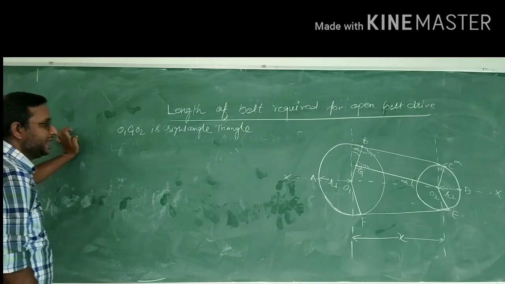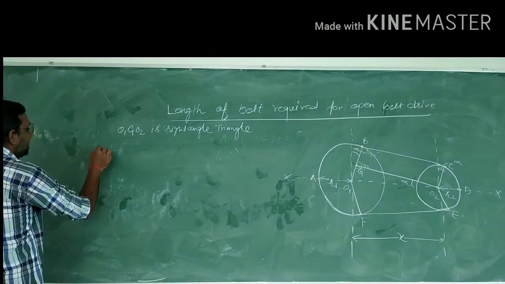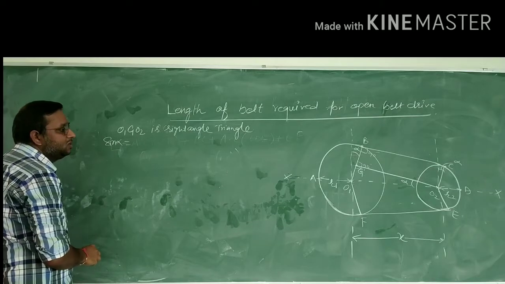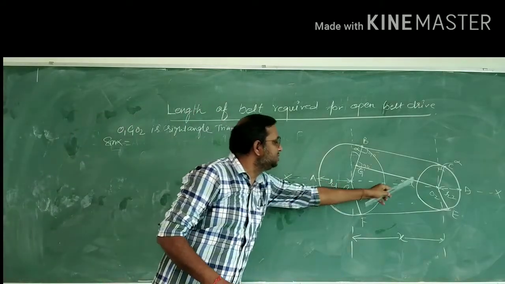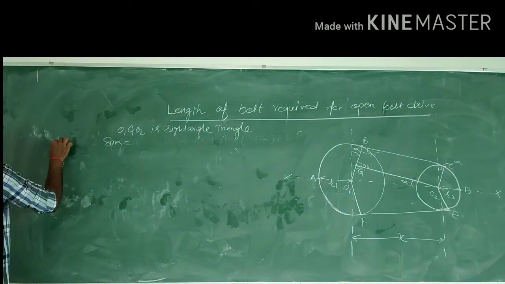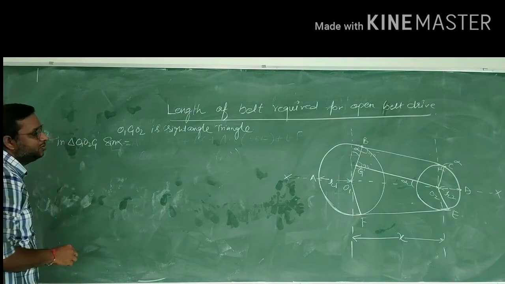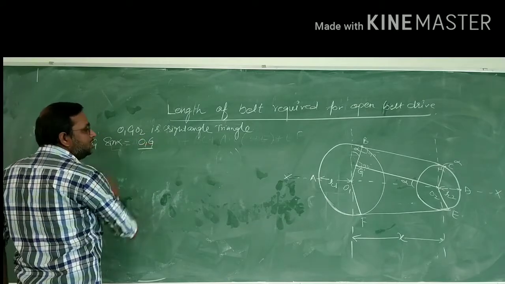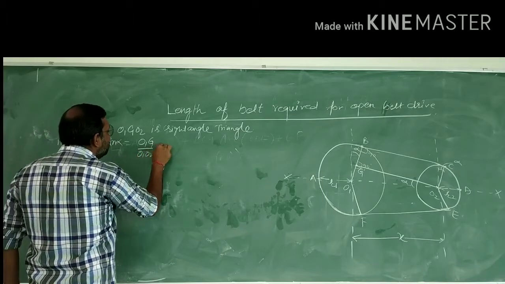Okay. So from this right angle triangle, can we find out the value of sine alpha? Let's say sine alpha would be equal to perpendicular over hypotenuse, and O1G is the perpendicular in this triangle. In triangle O1O2G, sine alpha would be equal to perpendicular, which is O1G, divided by hypotenuse, which is O1O2.